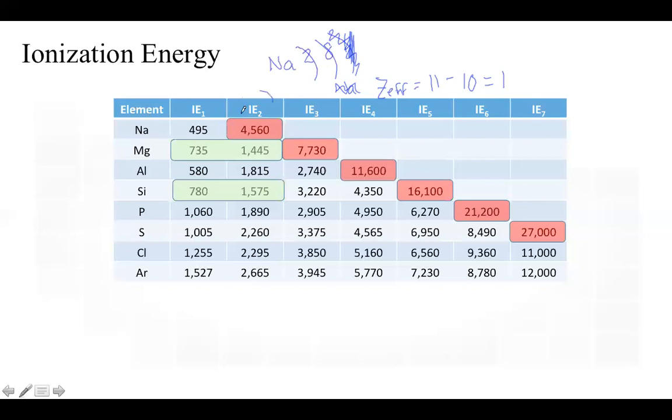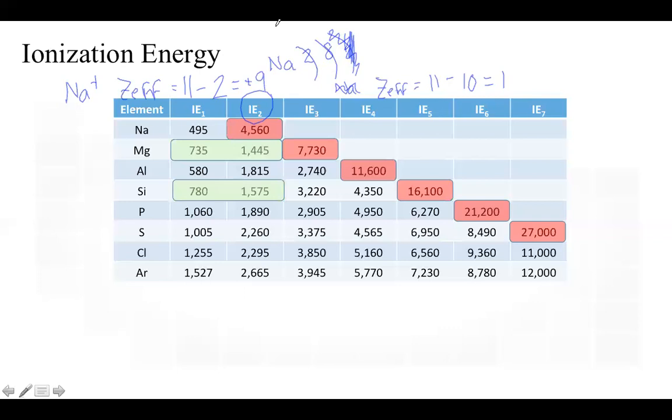However, if we look at the second ionization, so now we're looking at Na+, there are still 11 protons in that nucleus, but now that we've moved in a level, we have 2 electrons shielding those 8. So that's going to give an effective nuclear charge of 9.